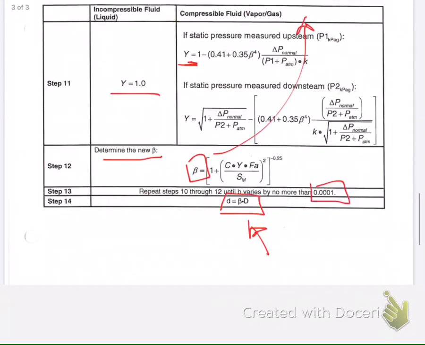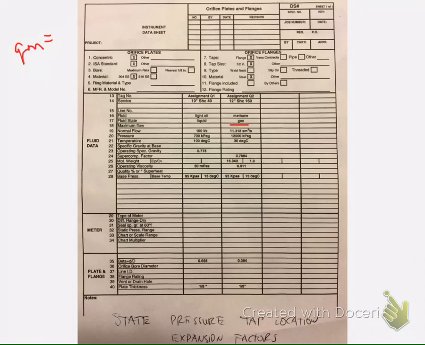So let's just have a quick look. This here is our normal flow rate. It's in standard meters cubed per second. So we're going to need to know the density to get this into a mass flow.